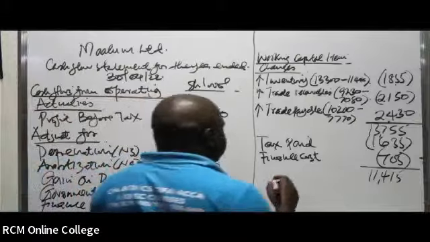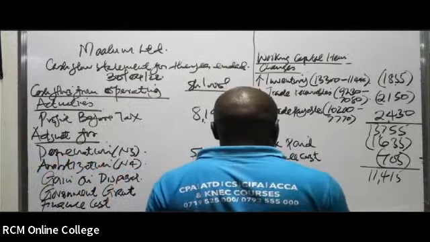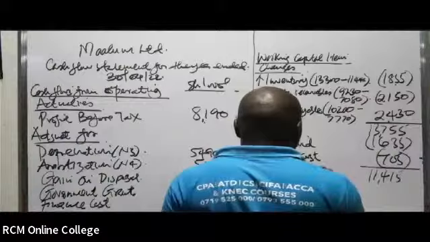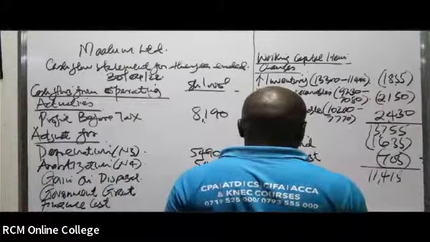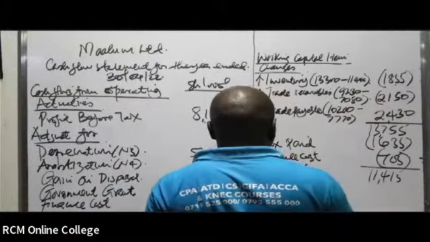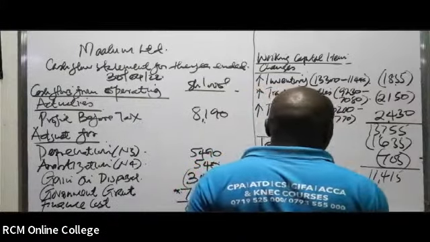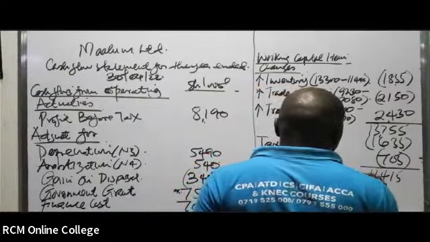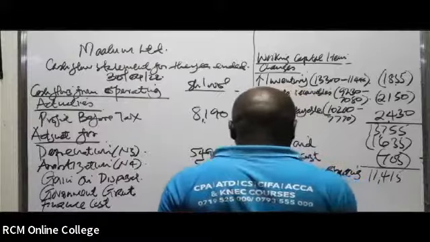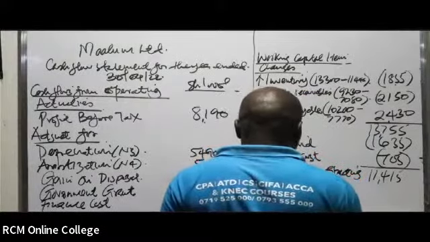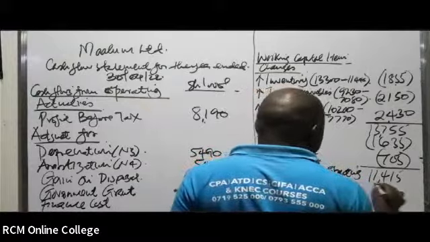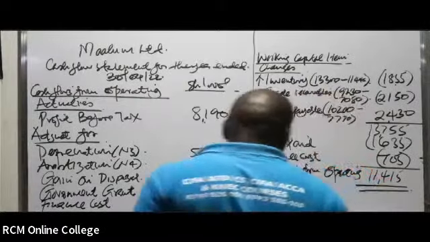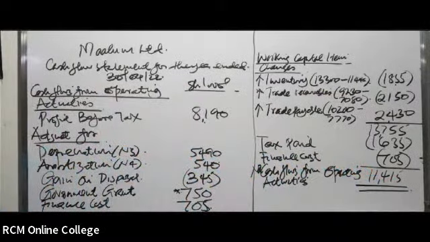So you can put this one as net cash flows from the operating activities.